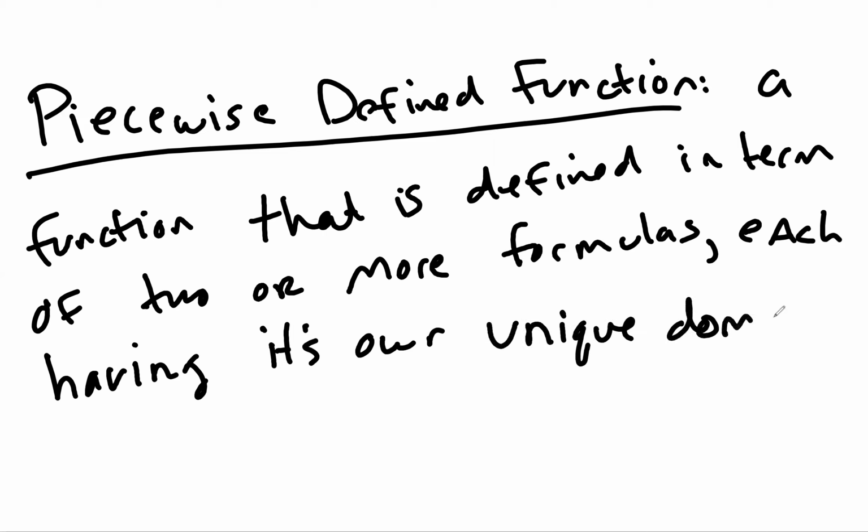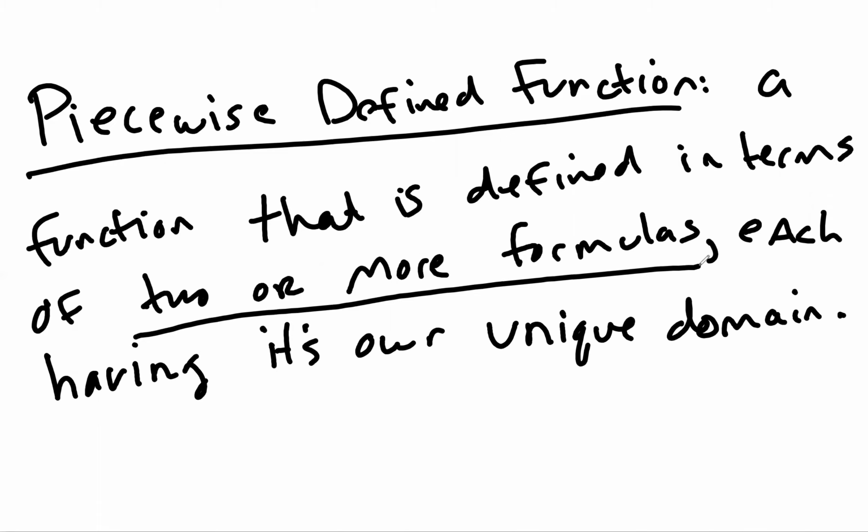Let me give you a second to write that down, and then we're going to dive right into an example because it's much easier for me to just show you what this looks like than to try to continue to explain to you in words. So a piecewise defined function is a function that is defined in terms of two or more formulas, each having its own unique domain.